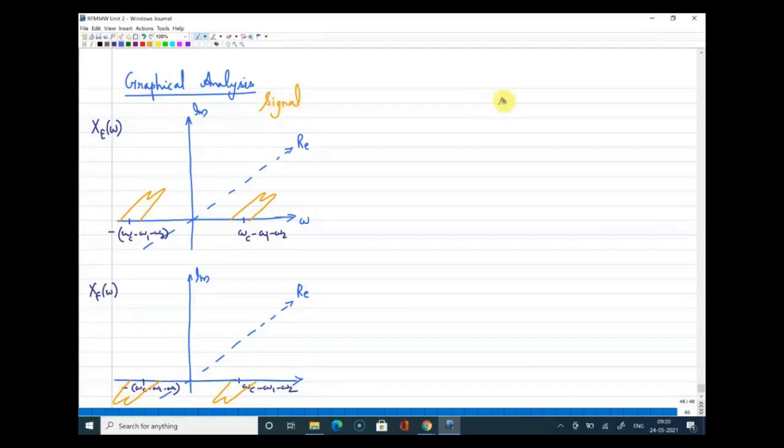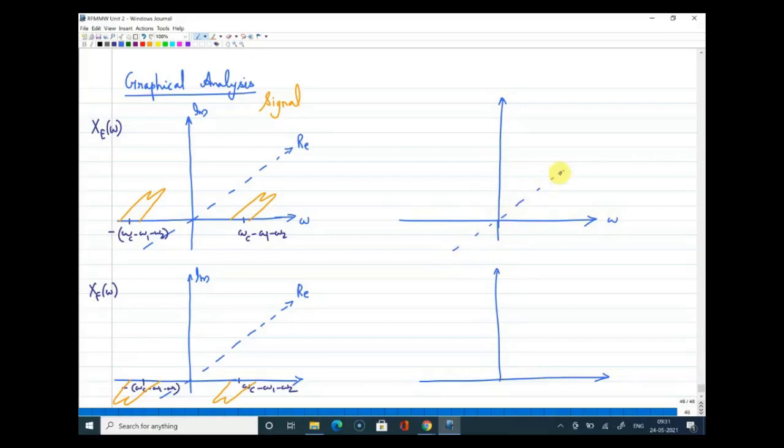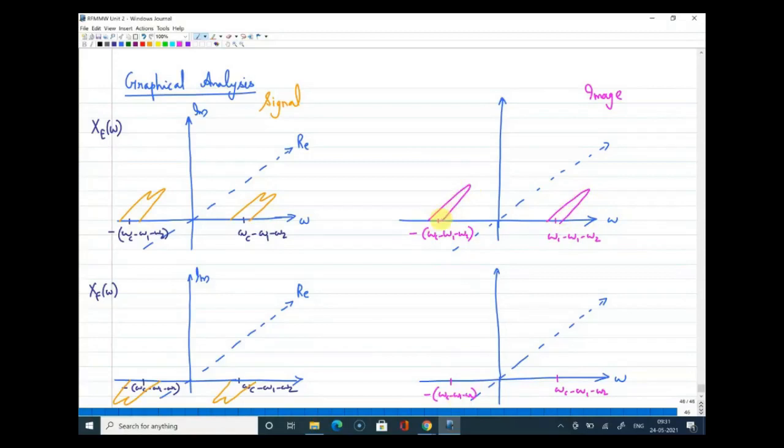Now if I look at the image, at the same frequency you will have, yeah, the images at XE and XF are coming like this with the equations we have written.